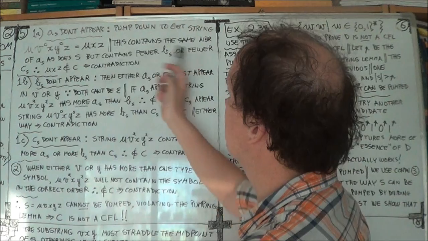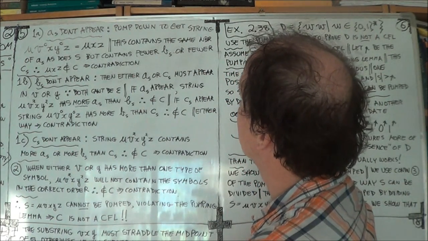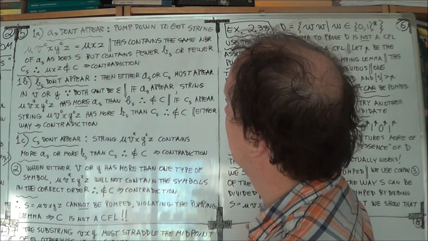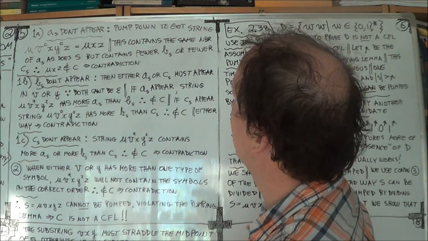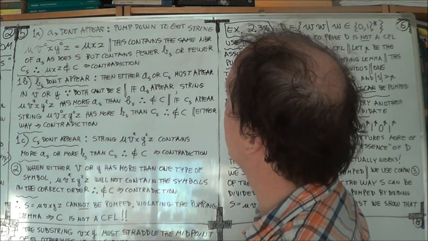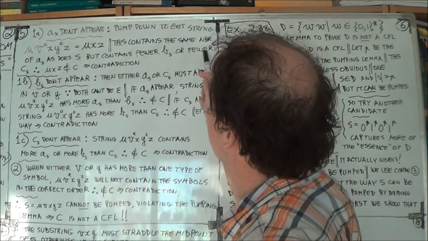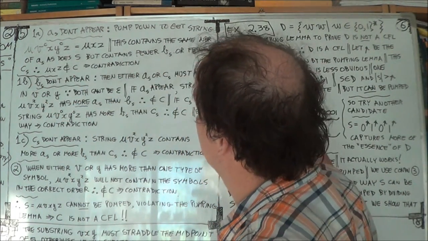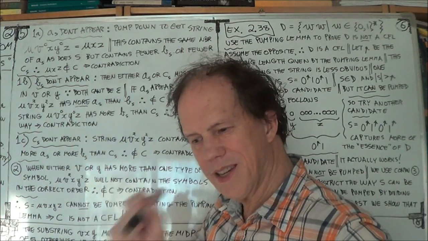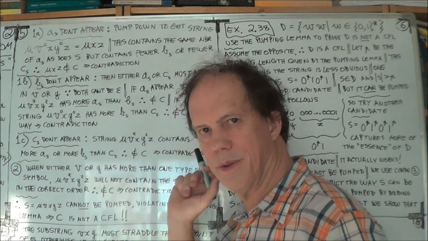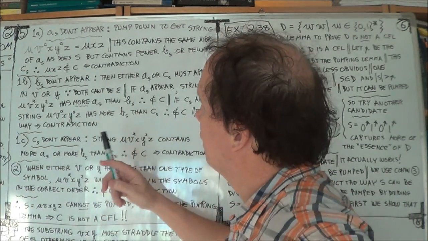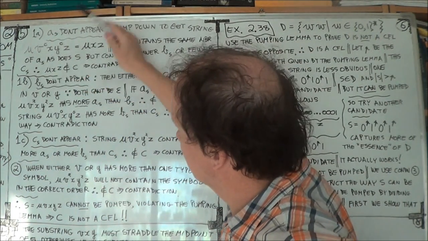And similarly with fewer C's. Now, do that for homework. You sit down and cover every possibility, because there are a lot of details in this proof. All right, so that's 1A.